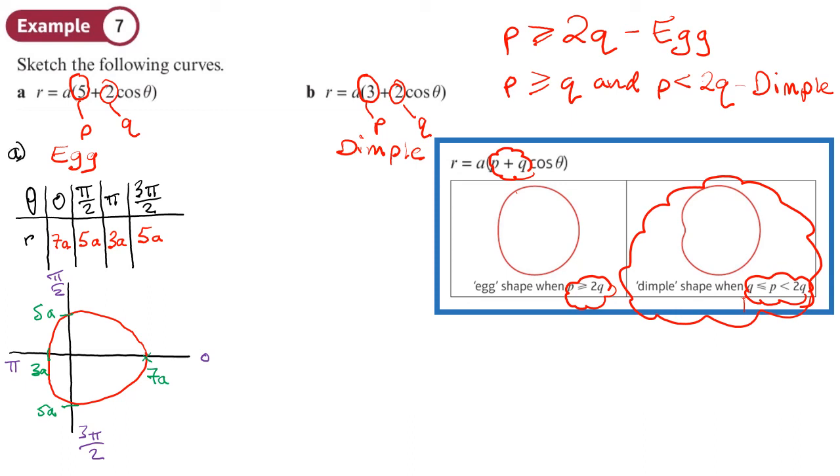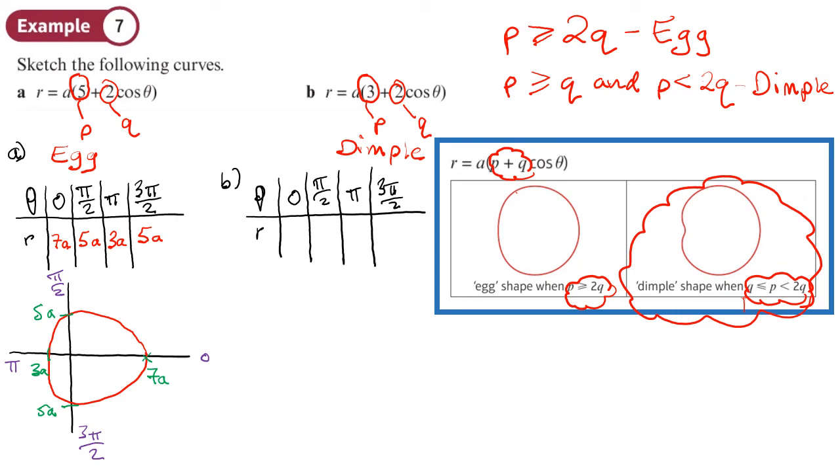Part B, well, we know that's going to be a dimple. So let's do our table so we can get the points basically every 90 degrees. So same thing again, 0, pi over 2, pi, 3 pi over 2, like this.